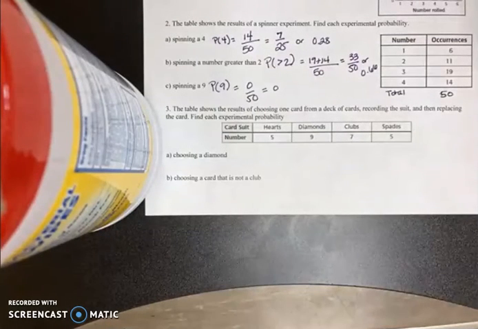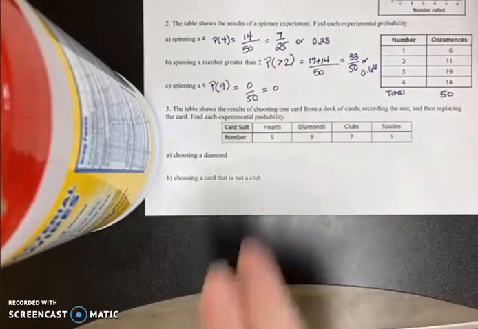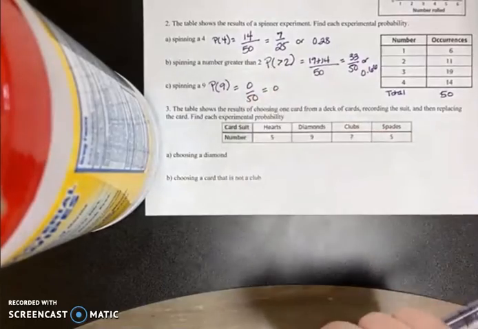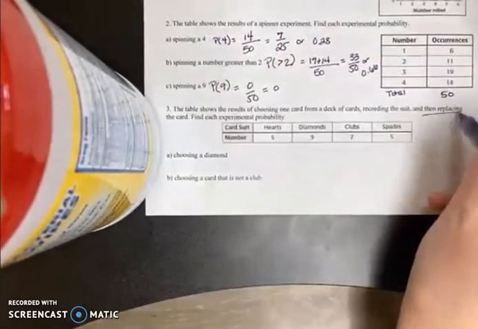Number 3 says the table shows the results of choosing one card from a deck of cards, recording the suit, and then replacing the card. Find each experimental probability. So I have a deck, I'm pulling one out, and then I'm putting it back. And I'm pulling it out, and I'm putting it back, because it says with replacing.